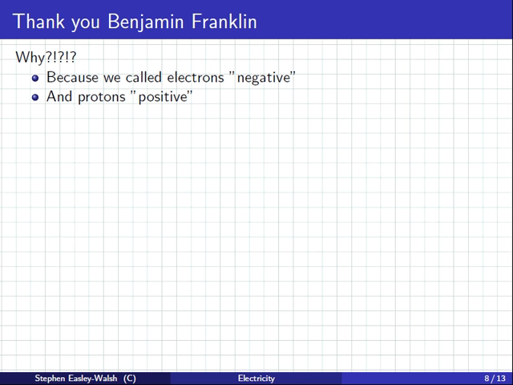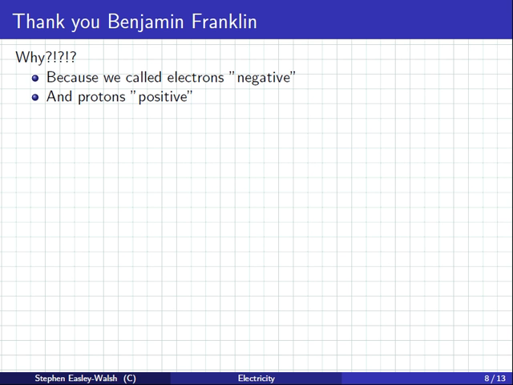If I said this is my left and this is my right, if everybody did that, would we have a problem? No. Likewise, if everybody called electrons positive and protons negative, there'd be no problem, because the only thing that matters is if they're the same or opposite.